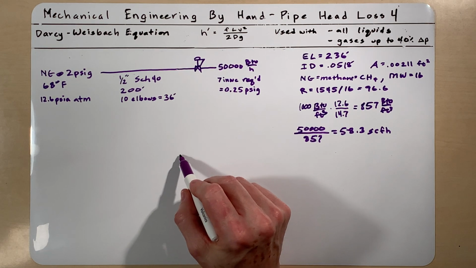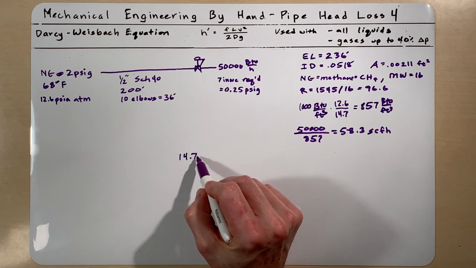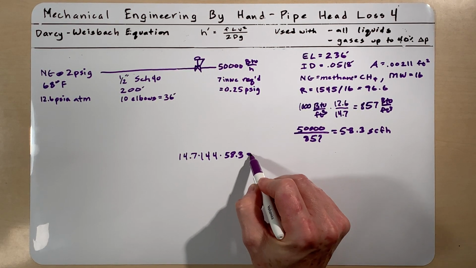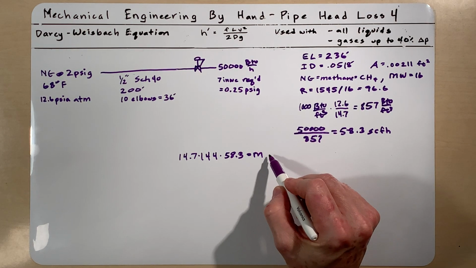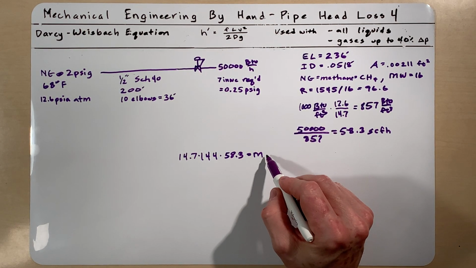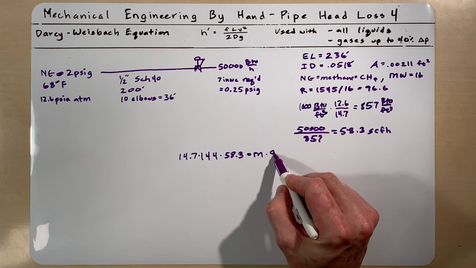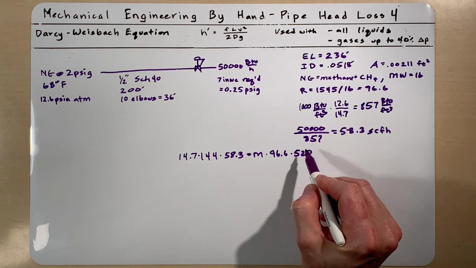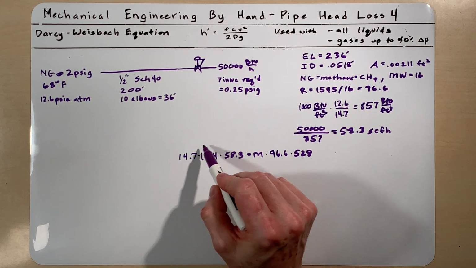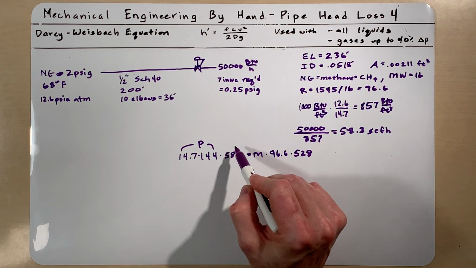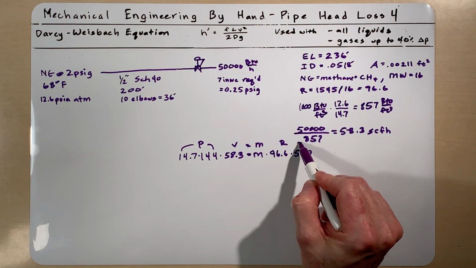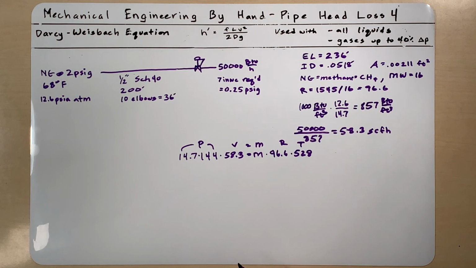So 14.7 times 144 times 58.3 equals the mass flow in pounds per hour times 96.6 times 528, and this is just PV equals mRT, and T is in degrees Rankine.